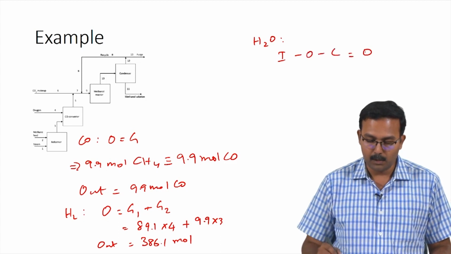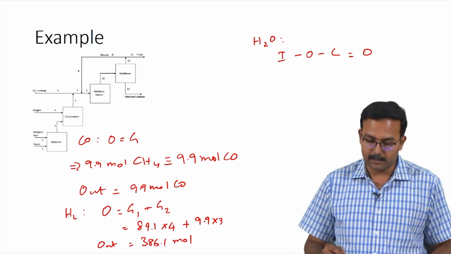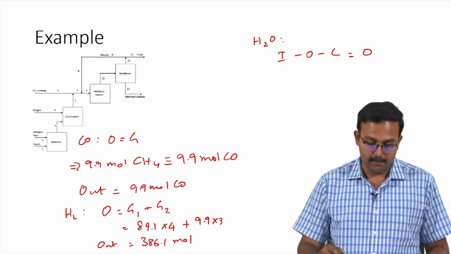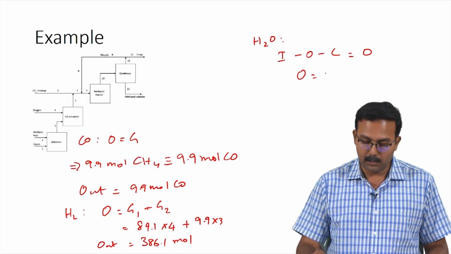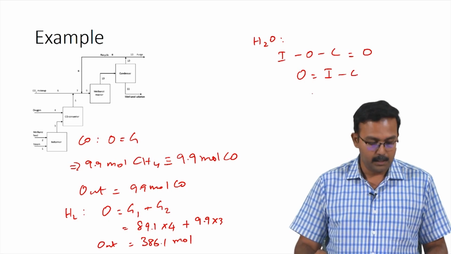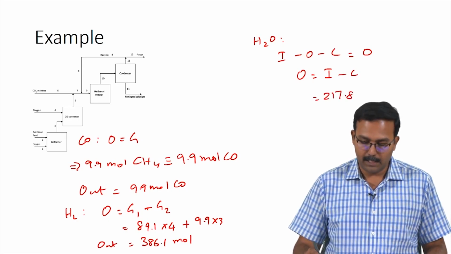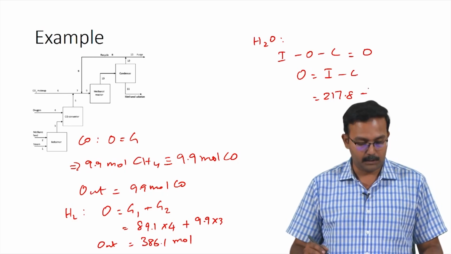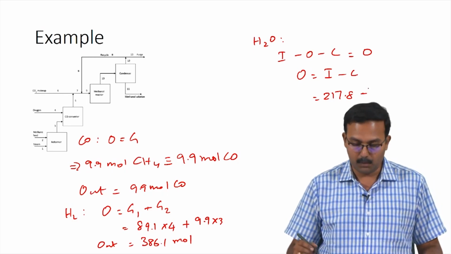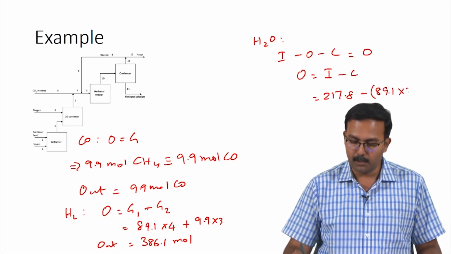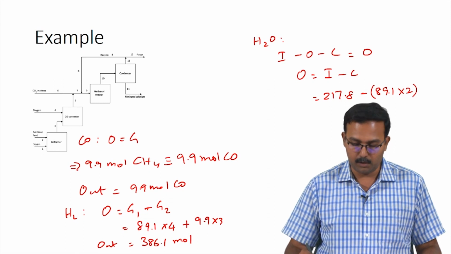If we were to write a balance for water, we know that input minus output minus consumption would be equal to 0, because water is not generated as it is a reactant and accumulation would be 0 at steady state. Thereby output is actually equal to input minus consumption. So, input is 217.8. Based on the stoichiometry, for every mole of carbon dioxide produced, 2 moles of water was consumed. So, for 89.1 moles, you have 89.1 times 2 moles of water consumed.